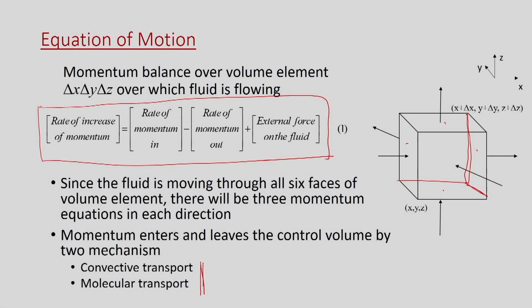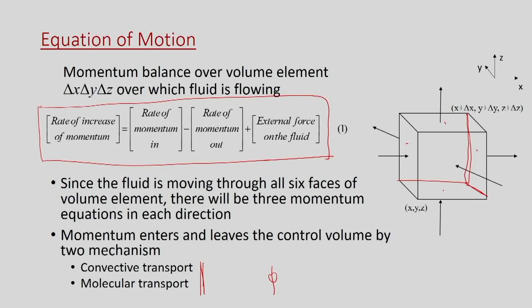In order to reduce the mathematical writing several times, we define one particular combined momentum transport flux pi, rather than writing the momentum flux due to convection and the momentum flux due to the molecular mechanism in and out several times.